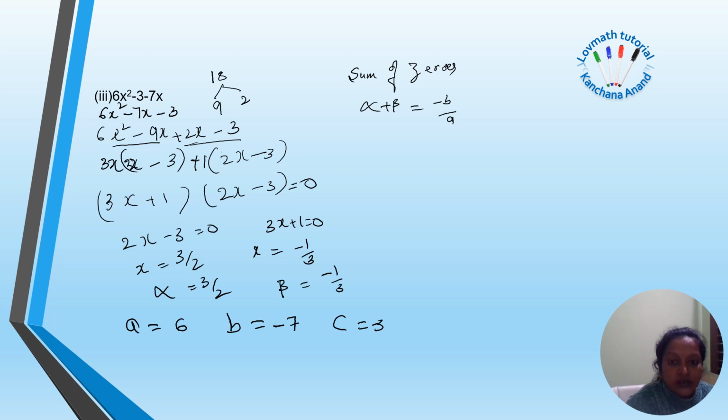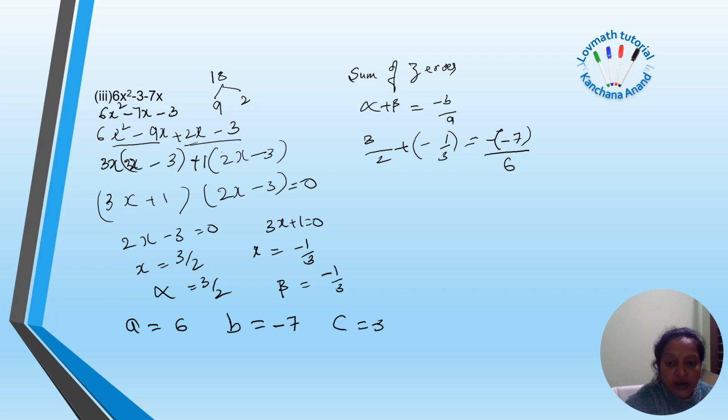Alpha is 3 by 2 and beta is minus 1 by 3, which is equal to minus 7 by 6.